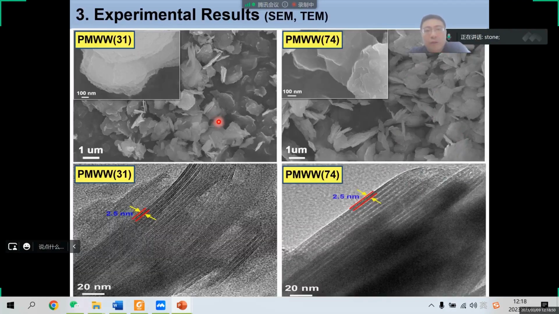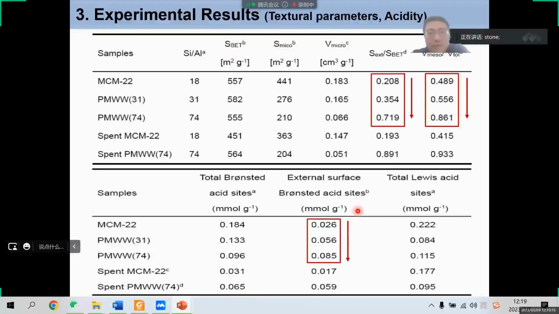Here we also give SEM and TEM photos for the repeated MWW zeolite. From the SEM picture, we find it exhibits plate-like morphology, and it also exhibits lamellar structure. The thickness of the zeolite framework is about 2.5 nanometers.